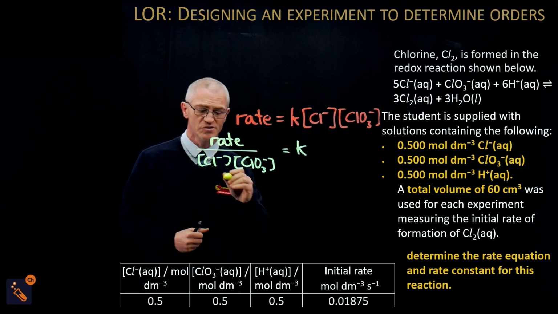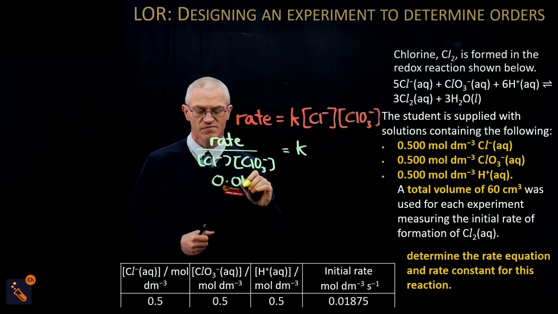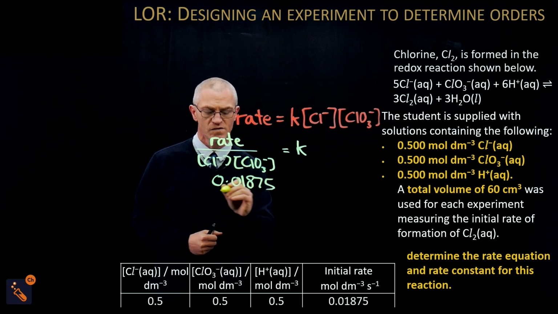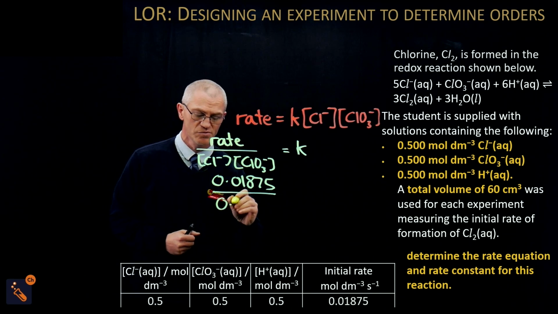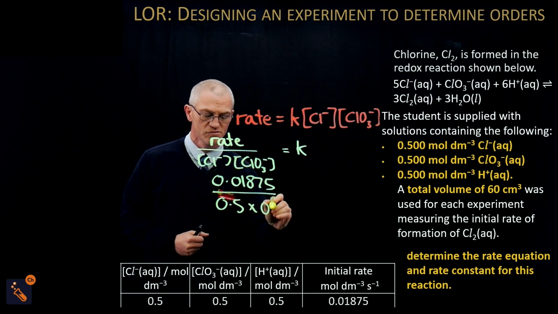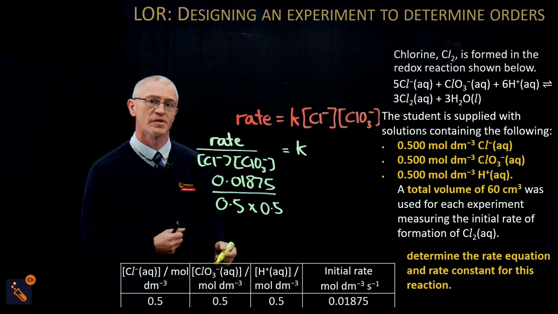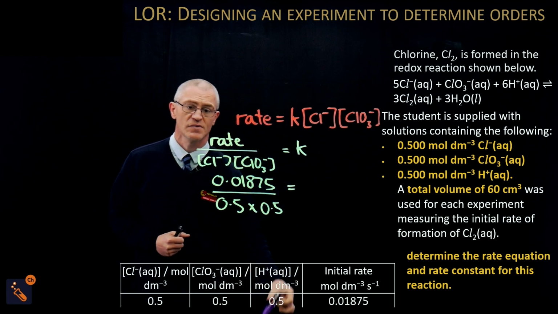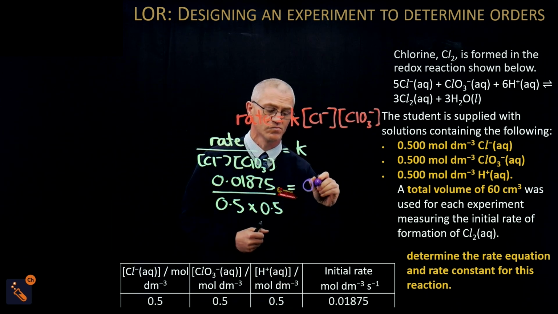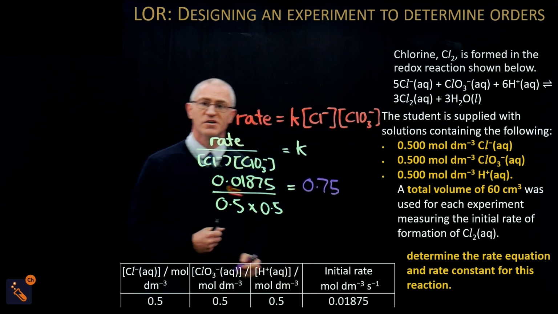So it's 0.01875, and then we look at our chlorine, 0.5, 0.5. So 0.5 times 0.5, and that will equal 0.75.